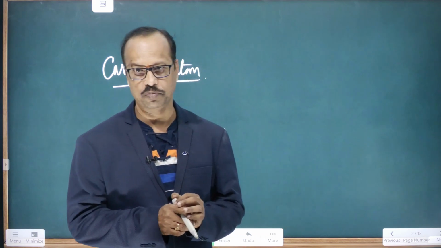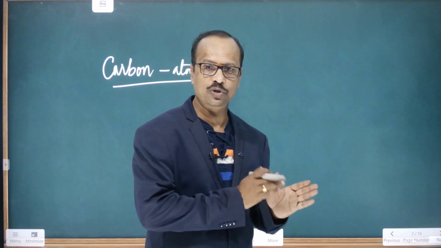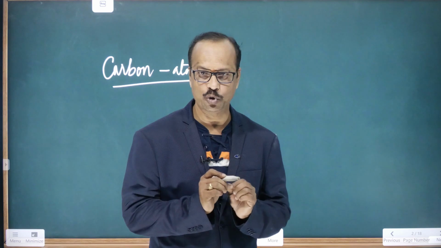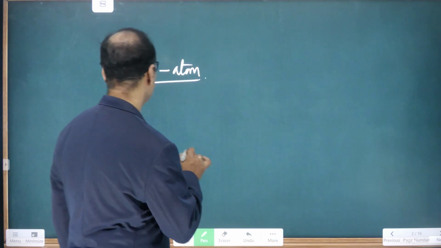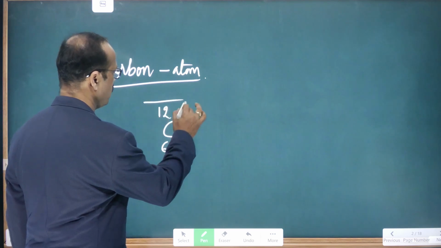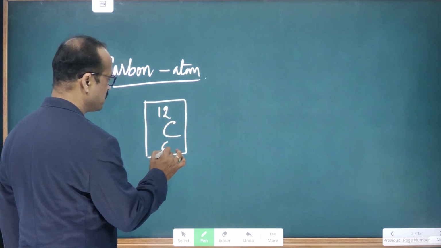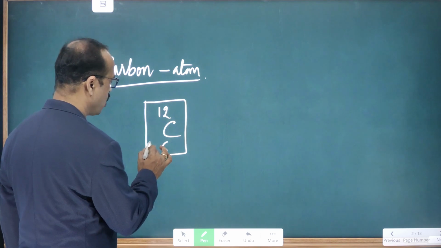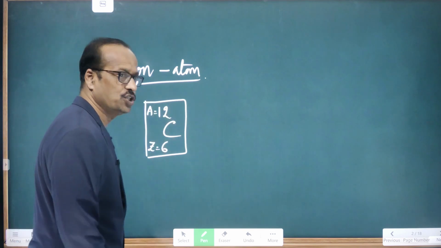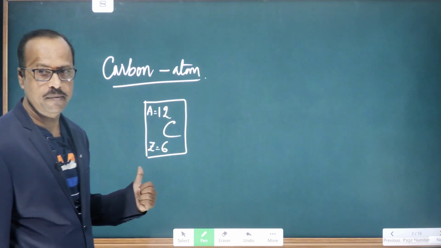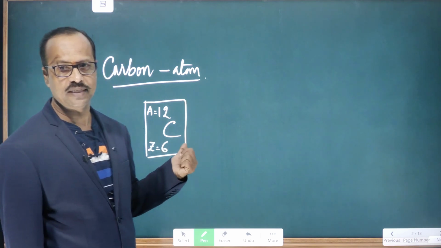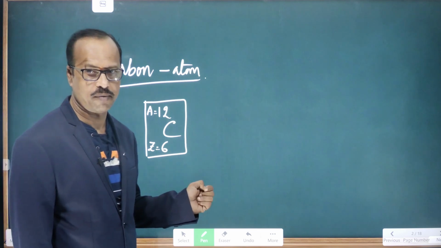But we take the one stable isotope of carbon, that is C-12, with 6 representing the atomic number Z and 12 the mass number A. So this is the stable isotope of carbon.